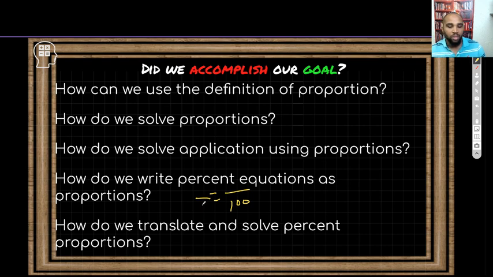Just make sure you set it up this way with your is over of and your percent up here. I shouldn't say percent, whatever that number is. How do we translate and solve percent? Well, we work it the same way. We can cross multiply, or you can look for some kind of factor, like if they're both being multiplied by 3 in the numerator, multiply both sides by 3 in the denominator.